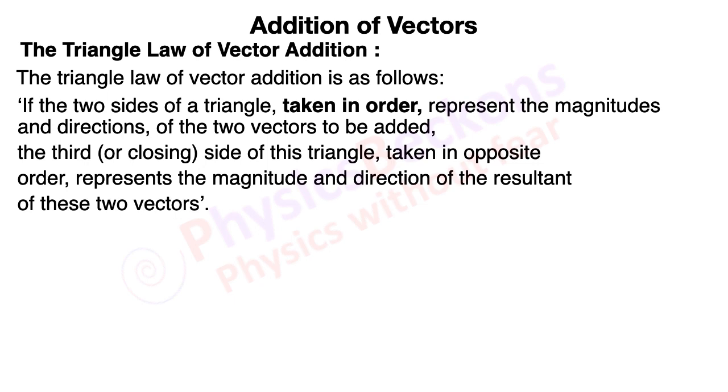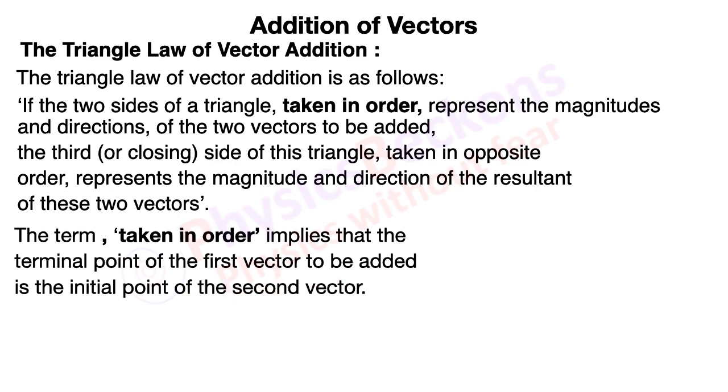If two sides of a triangle taken in order represent the magnitude and direction of the two vectors to be added, the third or the closing side of this triangle taken in opposite order represents the magnitude and direction of the resultant of these two vectors. So two sides in order, resultant in opposite order.